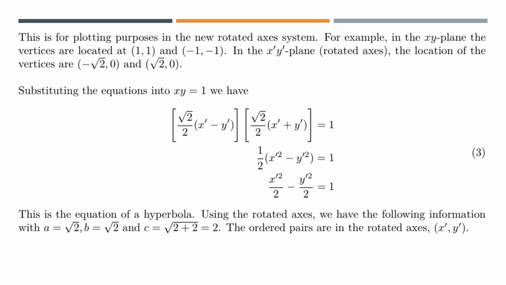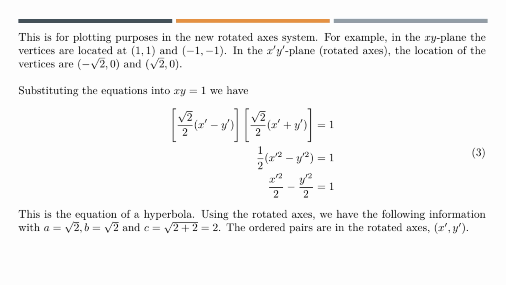We go ahead and multiply this out, and we end up with 1/2 times the quantity x prime squared minus y prime squared equal to 1. We distribute the 1/2, and we have a new looking equation using the rotated coordinate system. Matching up our formats, this is the standard form for a hyperbola.